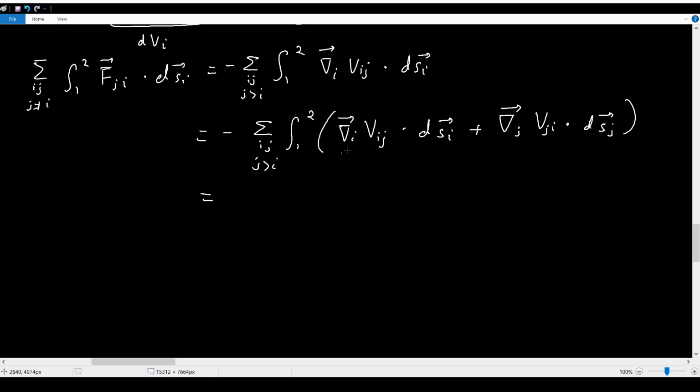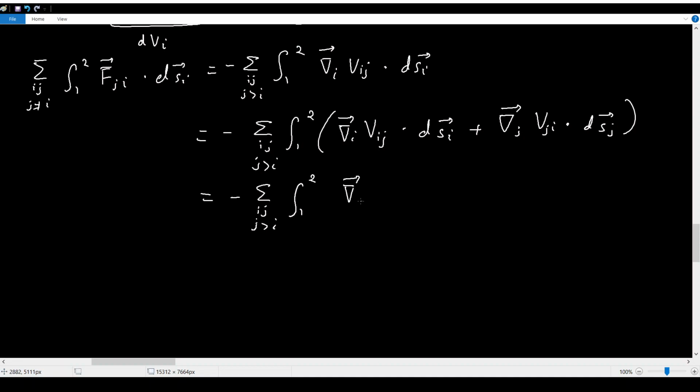We write these explicitly. Now Vij and Vji are the same from the strong law of action and reaction, because they're only dependent on the magnitude and not on the direction. So writing this as follows, Vij and Vji are the same, and further del i and del j are same except for a negative sign, right? Because you can make a coordinate transformation from i to j, but you'll only get a negative sign there, and everything else would be the same.